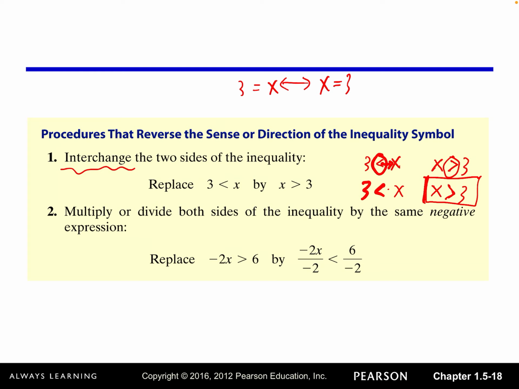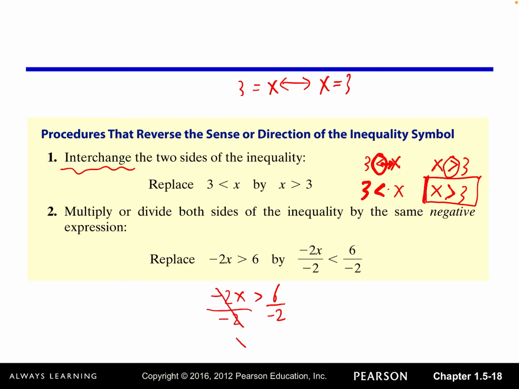The second situation where you need to flip the direction of the inequality symbol is when you multiply or divide both sides of the inequality by a negative number or expression. For example, negative 2x greater than 6. We divide both sides by negative 2 to clear the coefficient of the x term.